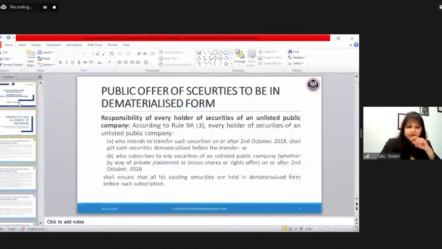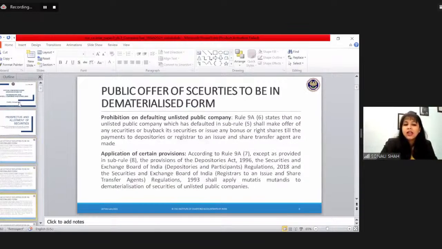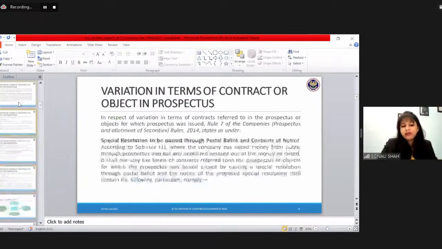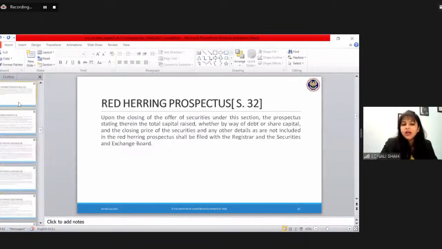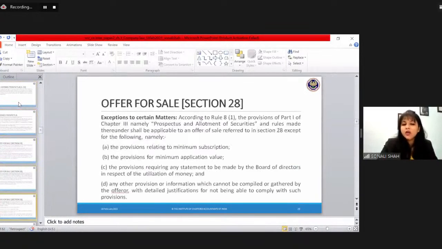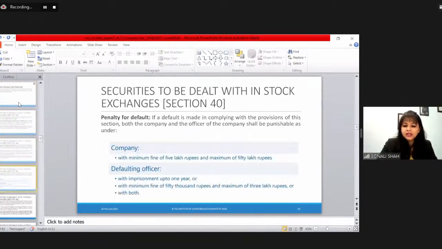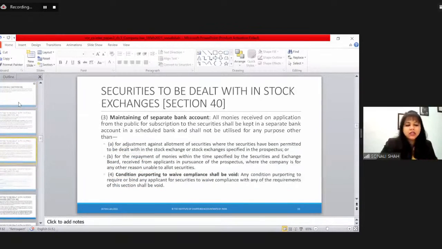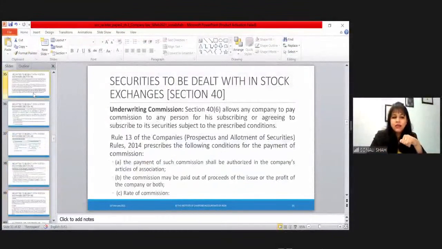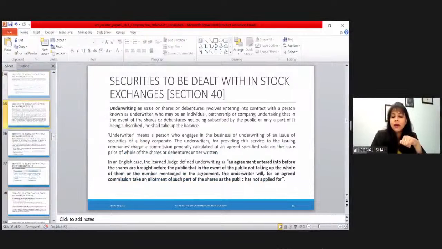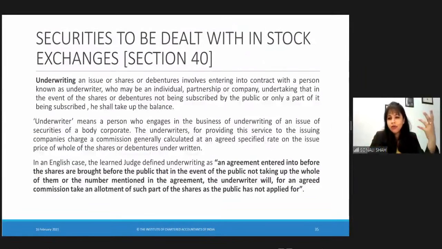And after filing the application, if the stock exchange does not give the permission, they cannot proceed with issuing or selling their securities, right? All of these requirements we were talking about exist because a company wants to bring a public offer of its security.